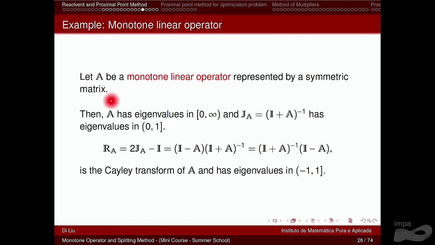And the reflection operator, the definition is 2 times the resolvent minus I, which could be equal to I minus 2 times the inverse of I plus A. And also the reflection operator of A has eigenvalues between -1 and 1. Okay, we do not prove it. You can check them very easily with knowledge from matrix analysis, okay?